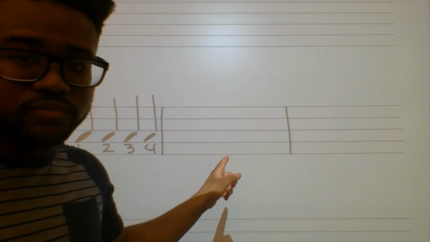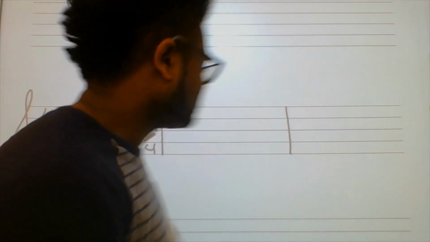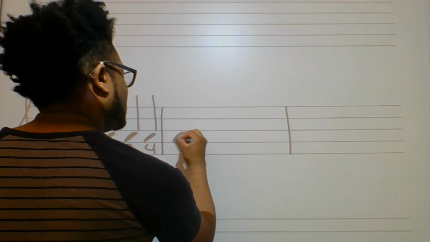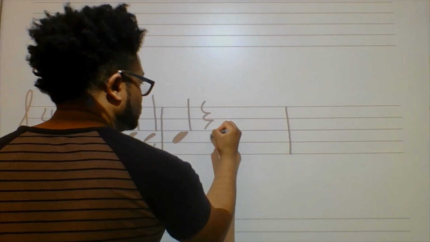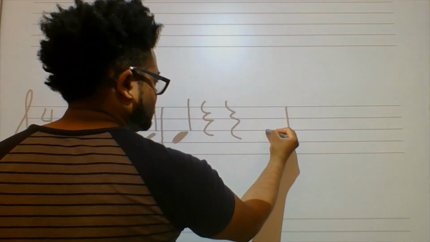All right. Now we're going to fill in some music in measure number 2. I'm going to draw, how about a combination of quarter notes and quarter rests? How's that sound? I think it sounds good because that's what we're going to do. Here we go. 1, 2, 3, 4.